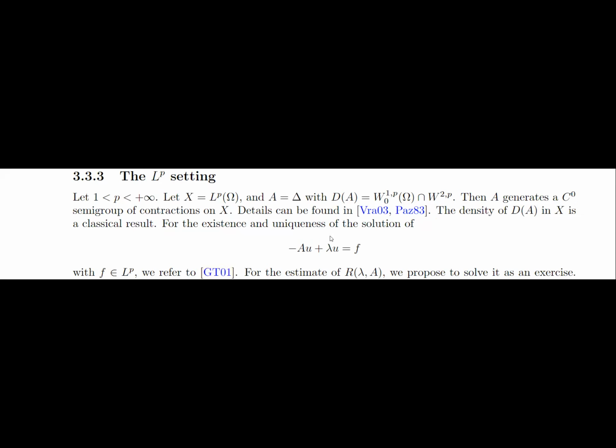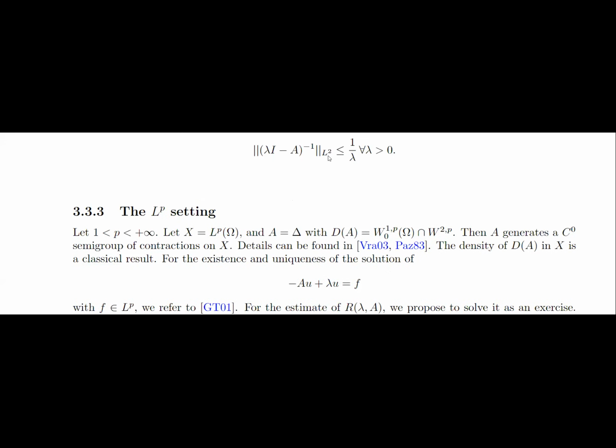So it gives you for any f in LP, there exists a unique u in D of A, such that this equation is satisfied. Okay, so what we are going to do now is to obtain again this estimate here, but in the LP case.